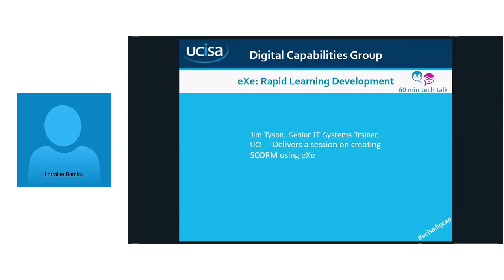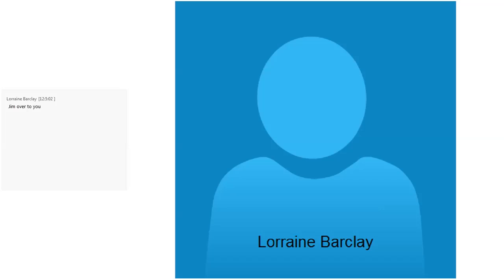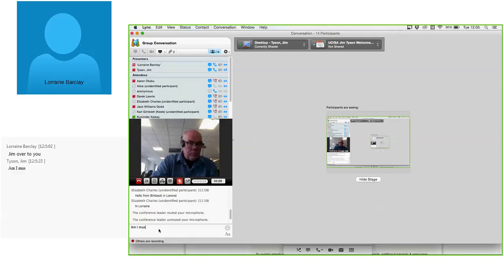Hello, Jim. Are you there? Okay, it looks as if Jim is having difficulty hearing me. I'm just going to type a message to him. Okay, Jim, we can't hear you.